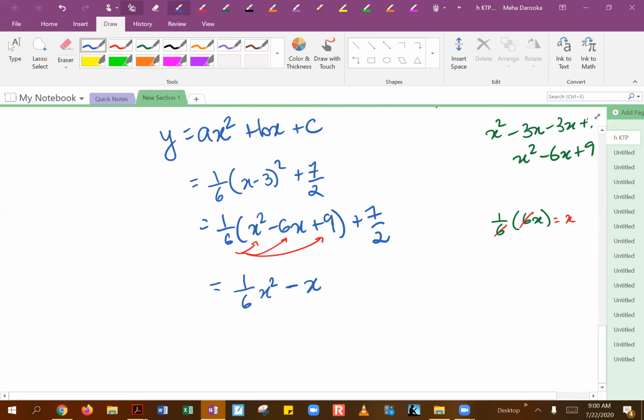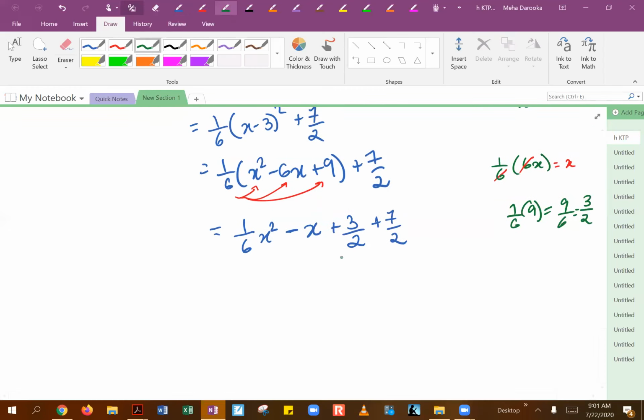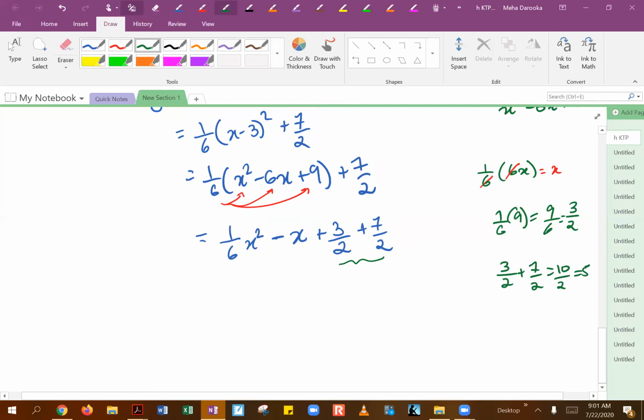When you multiply 1/6 with 9, you're basically looking at 9 over 6, which of course can reduce down to 3 over 2. So that would give us a positive 3 halves, and then of course we have that 7 halves at the end. And when you combine the 3 halves and the 7 halves, as you can see, that would actually end up becoming 10 halves, which obviously cleans up into 5.